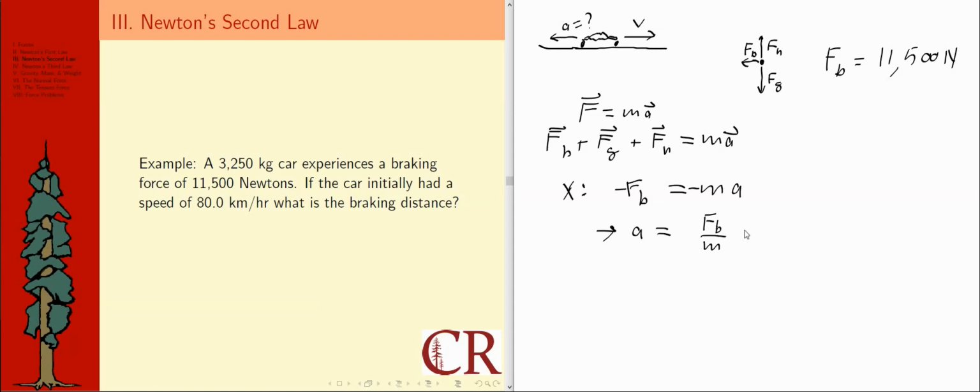Let me make that a little bit better on the braking force. So that's going to be 11,500 newtons divided by 3,250 kilograms. And the way the Newton is defined, if you wonder about the units here, a Newton divided by a kilogram gives you a unit of acceleration, meters per second squared.